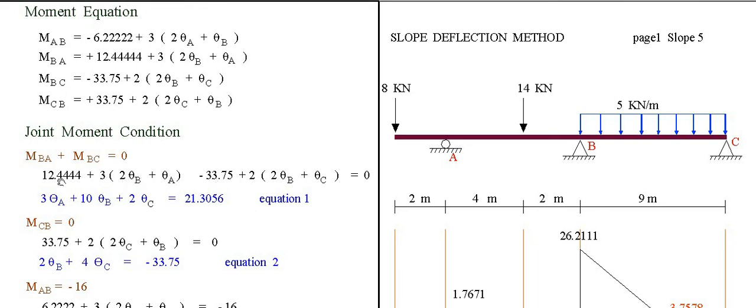These two, if we add the 12.44 and 33.75, the result is negative. Here, negative. Transfer this to the right of the equality, it becomes positive. The constant is 21.3056. So we have one equation. This is equation 1.